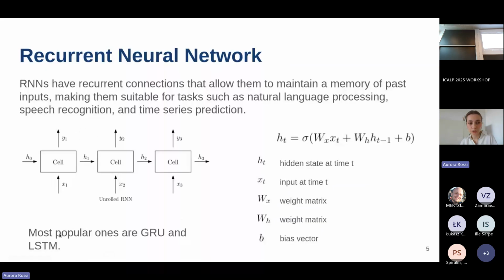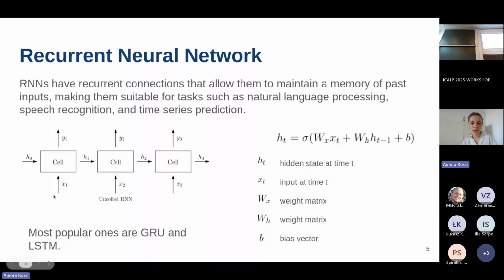Another neural network architecture is the recurrent neural network. This model is similar to the previous one, but it also maintains a memory of past input. These kinds of architectures are suitable for tasks in which we have time series data, such as natural language processing and speech recognition.